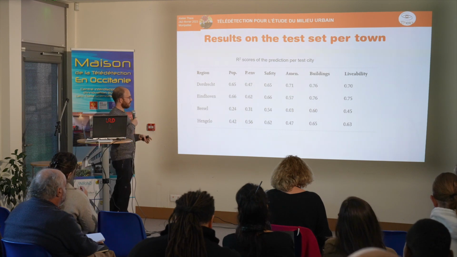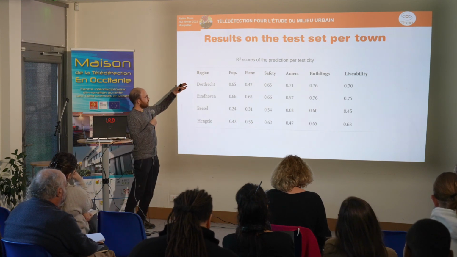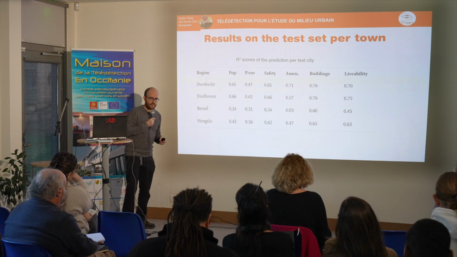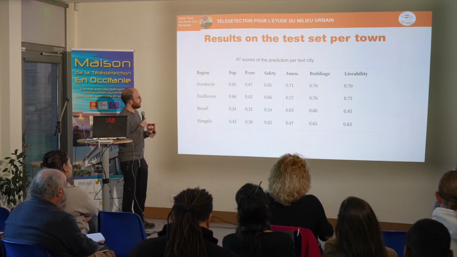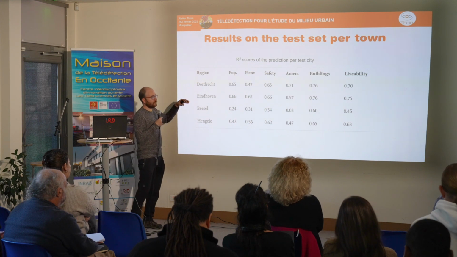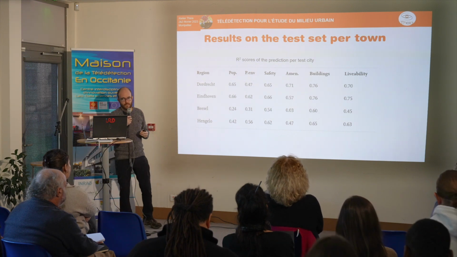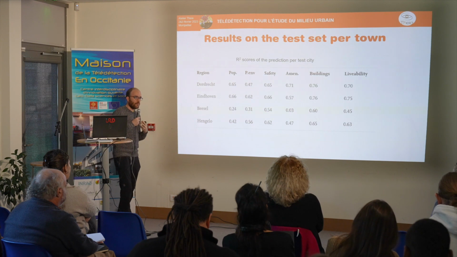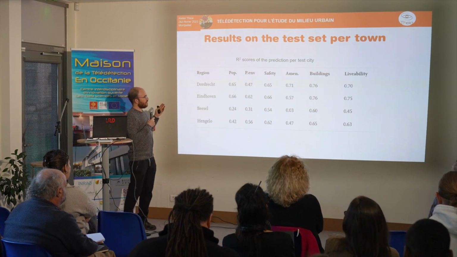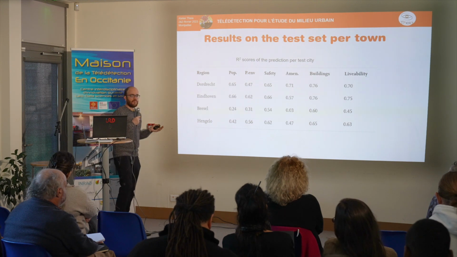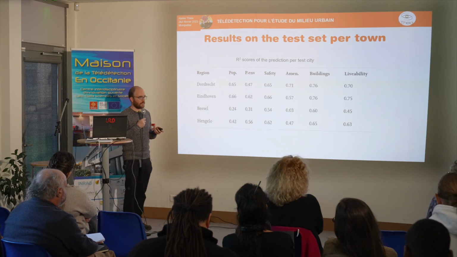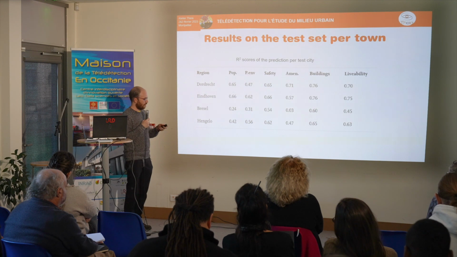Also what we saw, these are the 4 cities in the test set. And we see that Dordrecht and Eindhoven are 2 cities that are quite representative of the Netherlands, and therefore they're probably more similar to the training set. In general, most of the scores have relatively high numbers, quite acceptable in terms of the R-square scores.